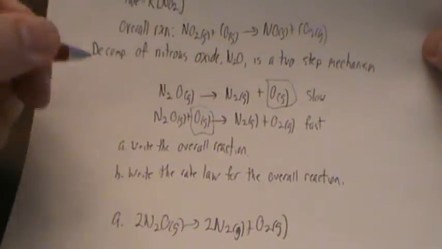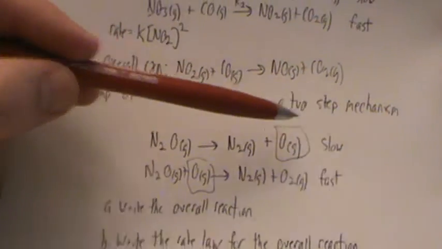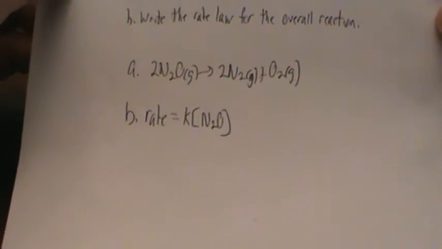As I said, the rate law is the rate determining step, and we use the slow reaction for that. So in this case, our first reaction is the slow reaction, so rate would be equal to K times the concentration of N2O. And that's it.